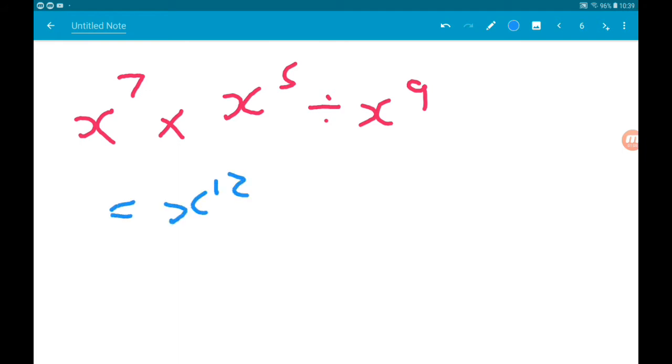So we have x to the 12 divided by x to the 9. That then is x to the power 3.